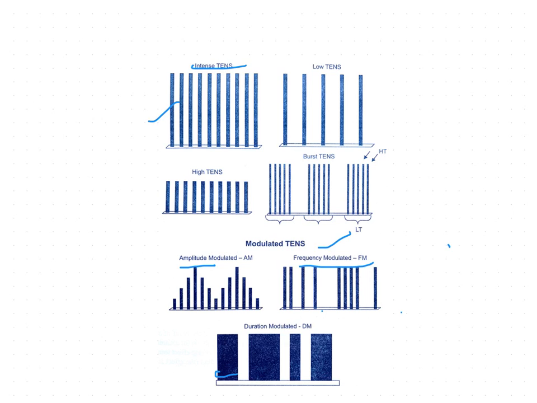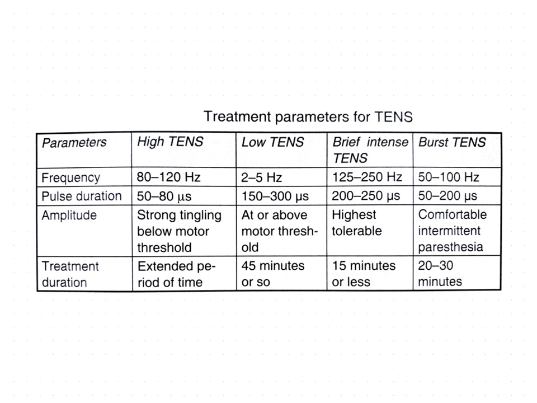So there are different kinds of TENS available in the market nowadays. These are all the types of TENS. Now we will move on to the treatment parameters for the TENS.